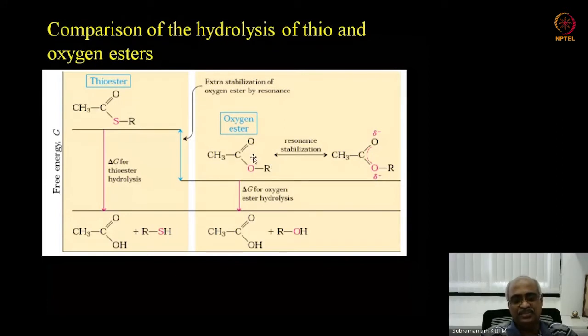Because this is somewhat stable compared to thioester, where that kind of resonance stabilization is not possible. Therefore, this is somebody standing on a 6 feet diving board. Okay. So therefore, thioesters have more energy, more enthalpy in them than the oxygen esters. So when you hydrolyze a thioester, you get a lot more delta G. Okay. So I hope this was clear. The importance of thioesters when compared to oxygen esters in terms of enthalpy.